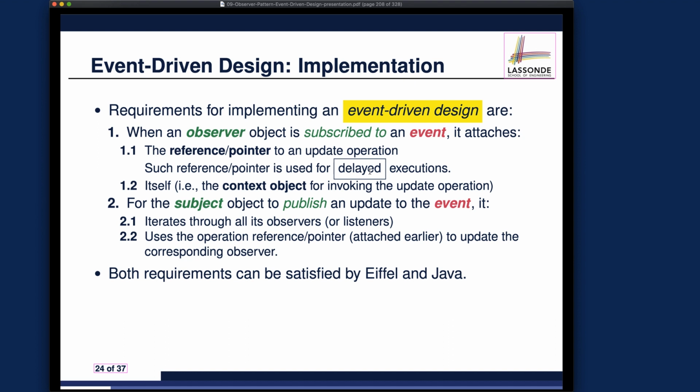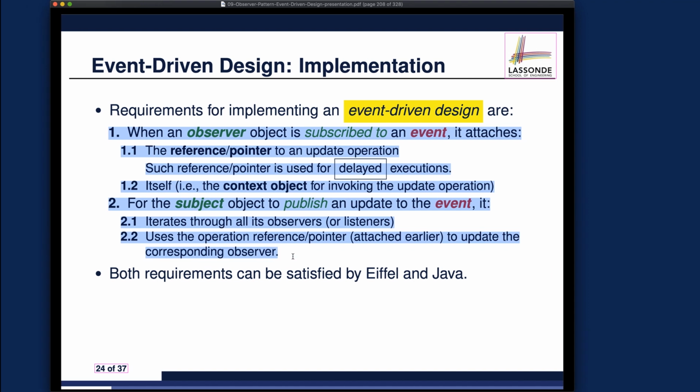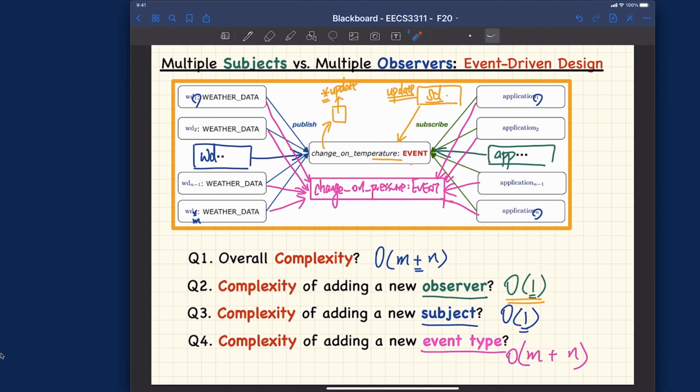Okay, so now both requirements over here are basically the requirements for implementation. Let me just say once more, it's really important for you to understand before we dive into the implementation detail. From the observer side, whenever you subscribe, you attach the update command of this particular application, and then you simply store a pointer to it for delayed execution, number one.